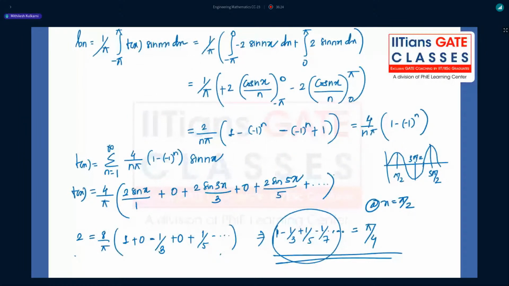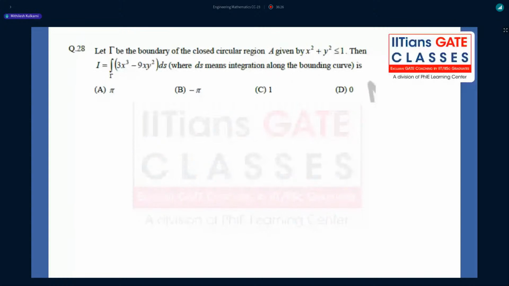Coming towards the next question. Yeah, this question is from the integral. So let this gamma be the boundary of a closed circular region A, which is bounded by a curve. So this is the closed circular curve.